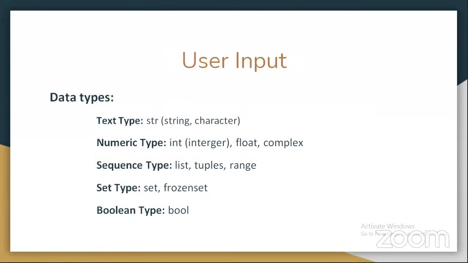User input is nothing but without specifying a value in a program, we are asking the input while I'm executing the program. See, this is called user input. Simple thing.